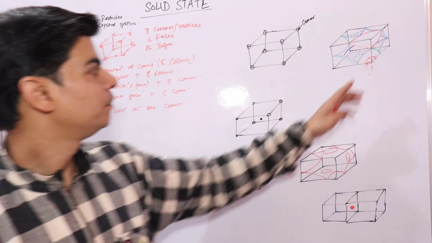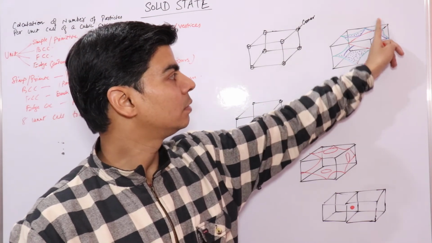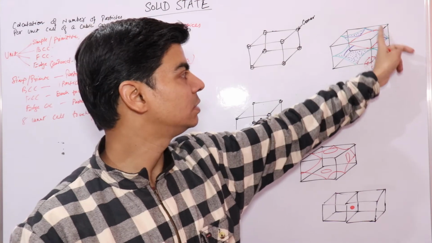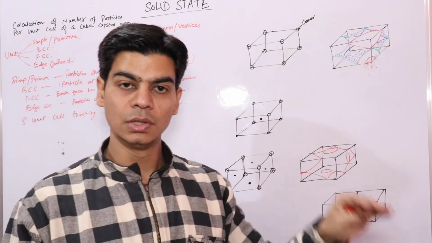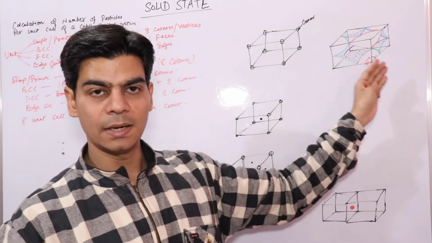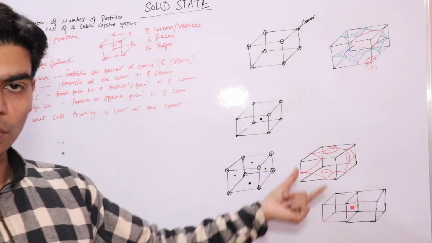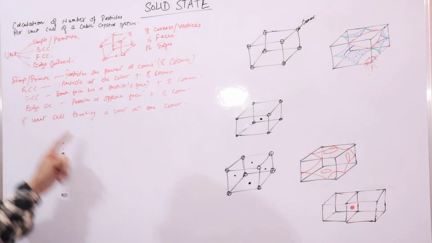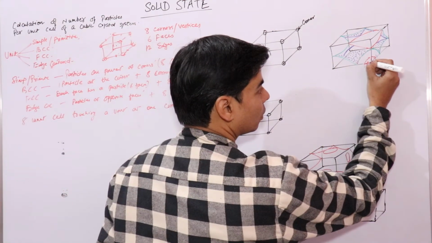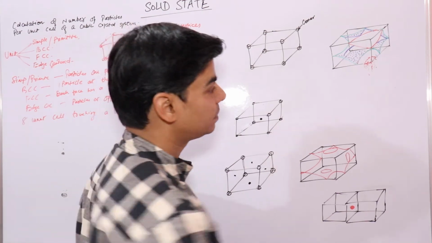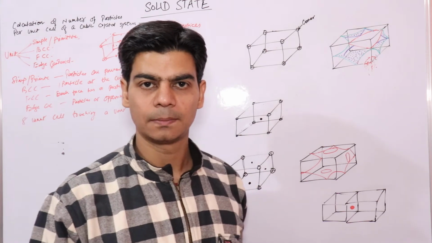Similarly, at this corner, if you consider it the same as this, you have 8 unit cells touching this corner, and 8 unit cells touching this corner. So every corner of a unit cell is touched by 8 other unit cells. Since 8 unit cells are touching one corner, the atom or particle present at this point would be shared by 8 unit cells.